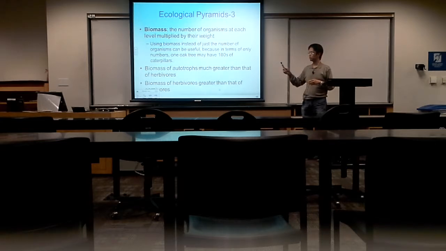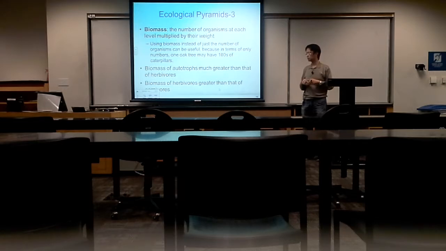We are diminishing the biomass of autotrophs, which is not good, because when the biomass of autotrophs is decreasing, the herbivores may not have enough food or resources to survive.